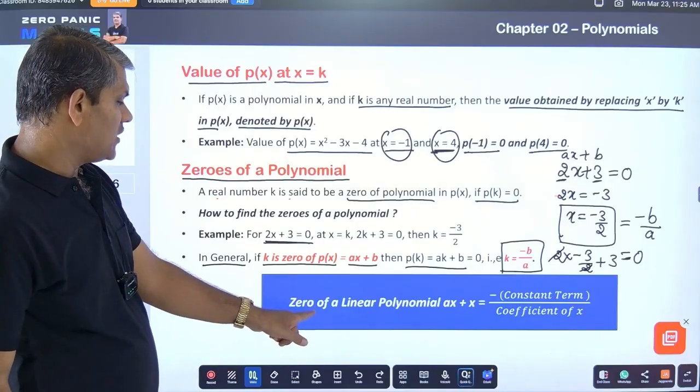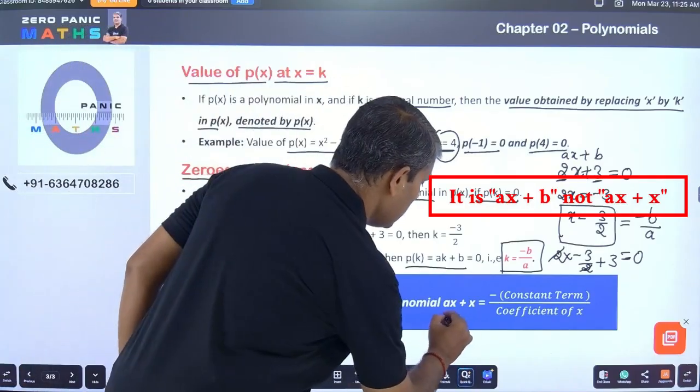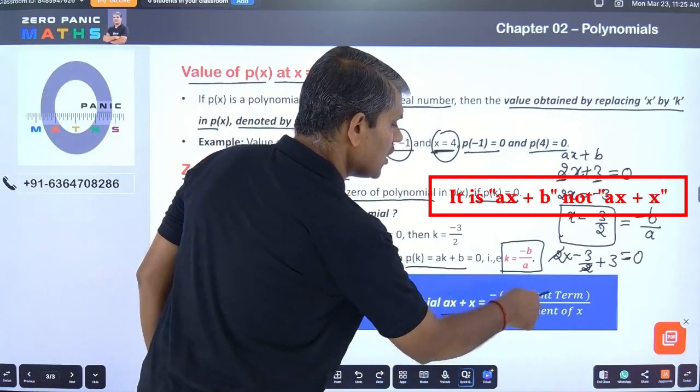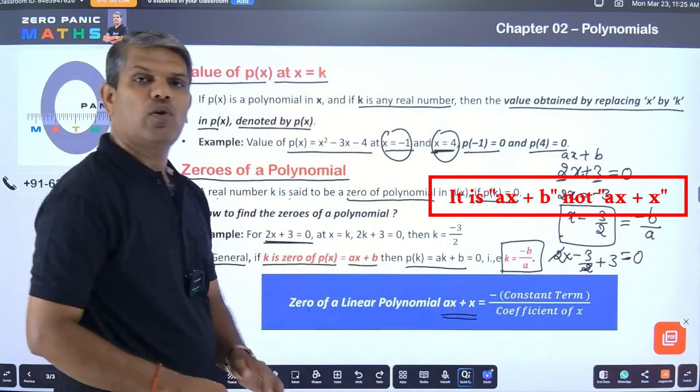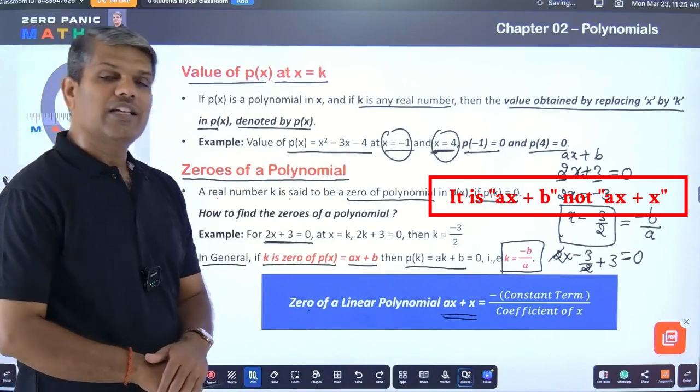So that is what generally we are defining: the zero of a linear polynomial ax plus b is minus the constant term divided by the coefficient of x. Hope you understood this concept.